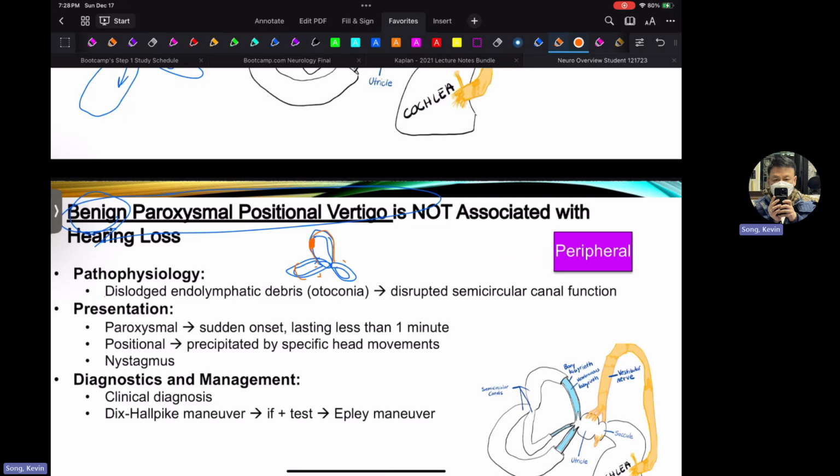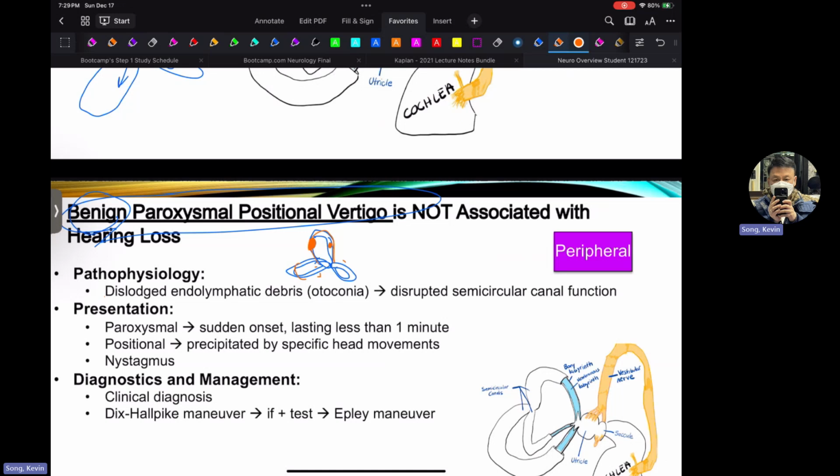The problem is that there's a blockage in the fluid. Something is stuck in there. There are supposed to be some particles moving around depending on your position, but if a particle is stuck there, that's the problem.